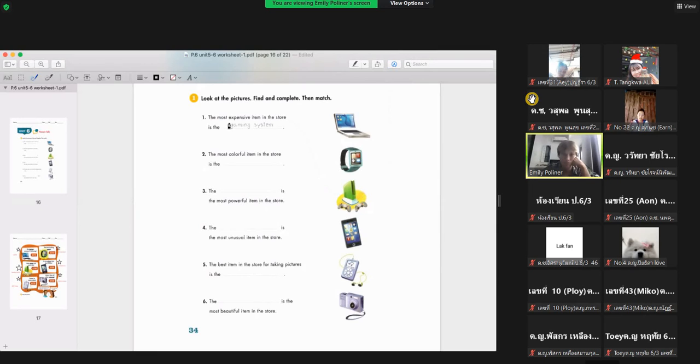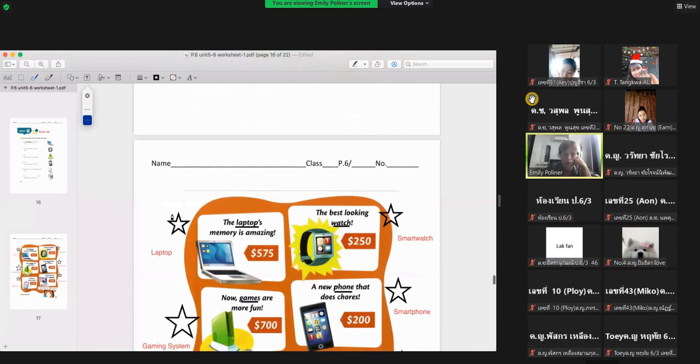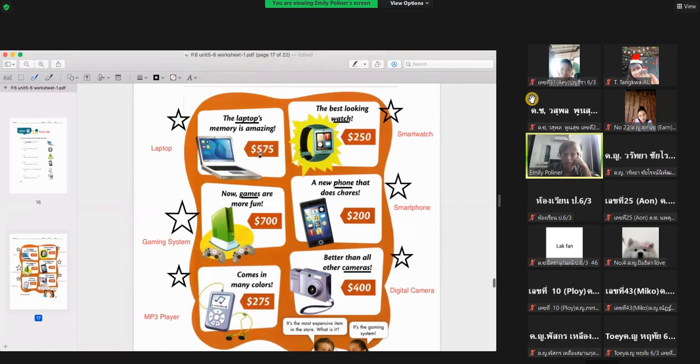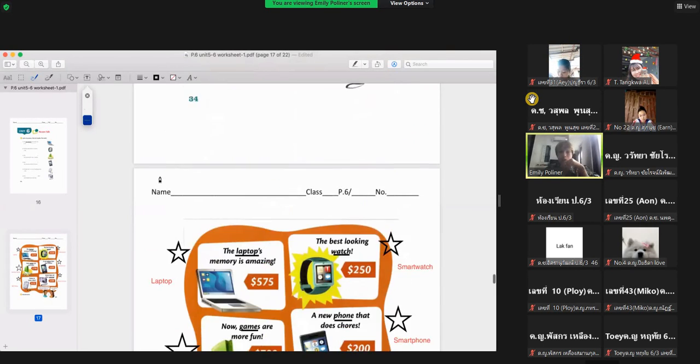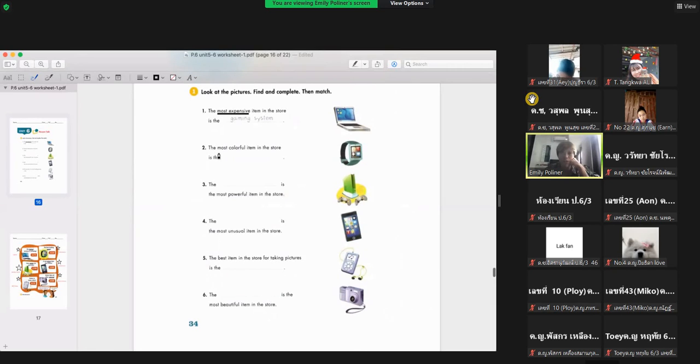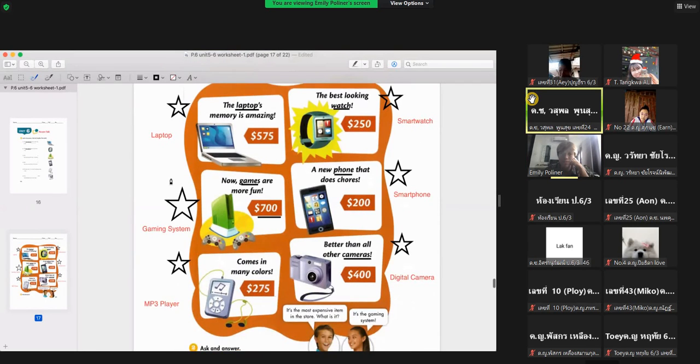Because look, it says the most expensive, and we go down and look at our pictures. 575, 250, 700, 200, 275, and 400. So 700 is the most expensive. Okay. What about number 2? The most colorful item in the store is the smartwatch.